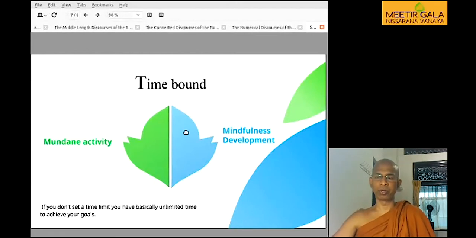If something goes wrong, are we able to be compassionate to ourselves, to adjust ourselves, to adjust our schedule, to adjust our time bounds? So the SMART framework, even though it is giving us a framework to work with, doesn't mean that we have to be completely rigid about it.